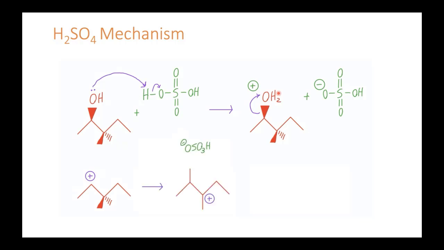Then we see that we can have a rearrangement. This is an E1 mechanism. This rearrangement occurs, as you can see, where one of these methyl groups has shifted to move that carbocation to a more stable position. And then the most important thing is people will say, hey, this oxygen has a negative charge on it, so that should be a strong base or a strong nucleophile.